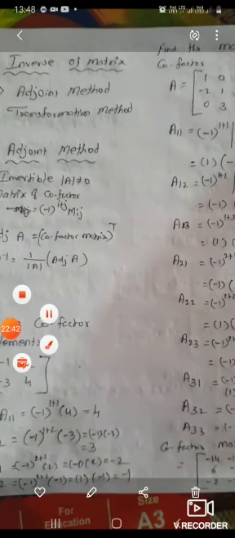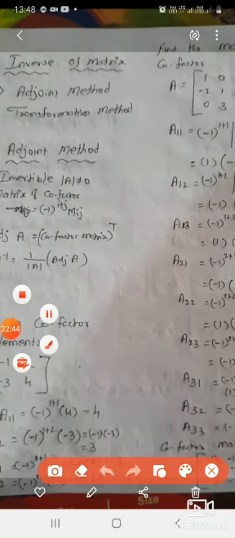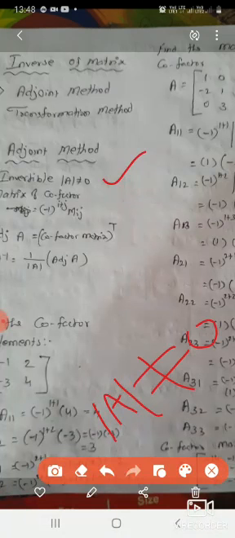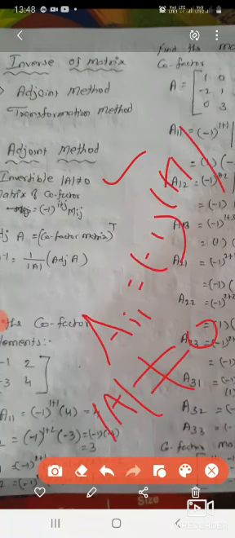First of all, whether it is invertible or not, we have to decide. Invertible means it is a non-singular matrix. So first you find the determinant. If it is not equal to 0, then we can go for the next step, the cofactor matrix. Cofactor A_ij, for 1, 1, means minus 1 the whole power 1 plus 1 into its minor.